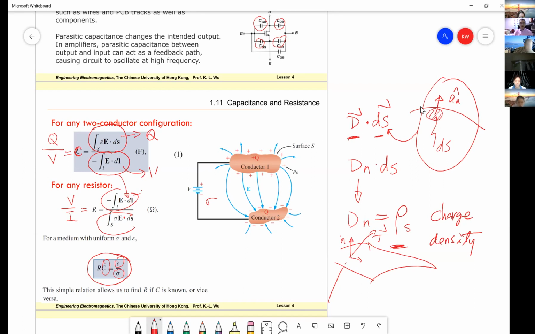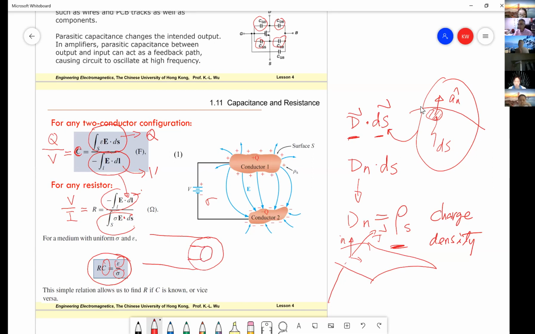And also, for example, we talk about what we call a transmission line. We are going to intensively study this. We have a coaxial cable. Actually, my drawing is good, but if you ask me to draw on the screen, it's not good.